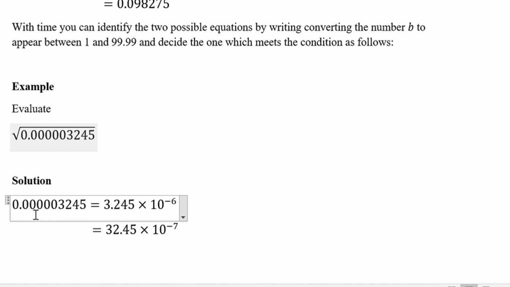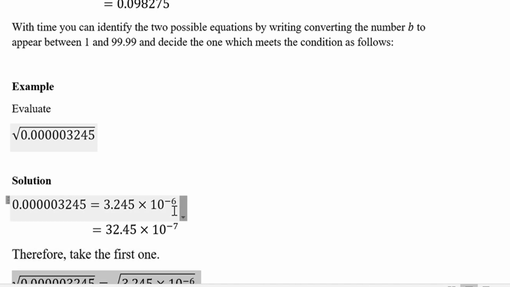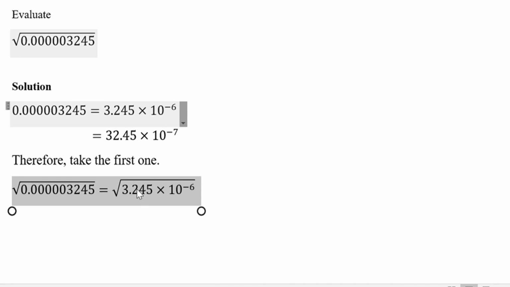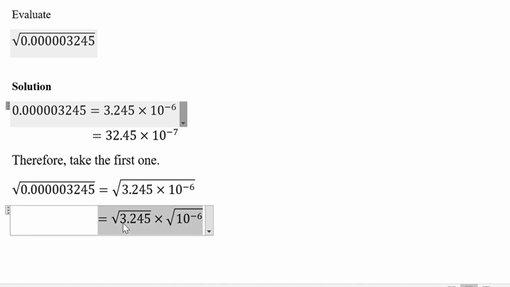So you can write the square root of this as the square root of these two. That's what I've done. And in that case, after we have written it, the next step is to split this expression, which we have done. Look for this number from the square root table and divide this power by 2.